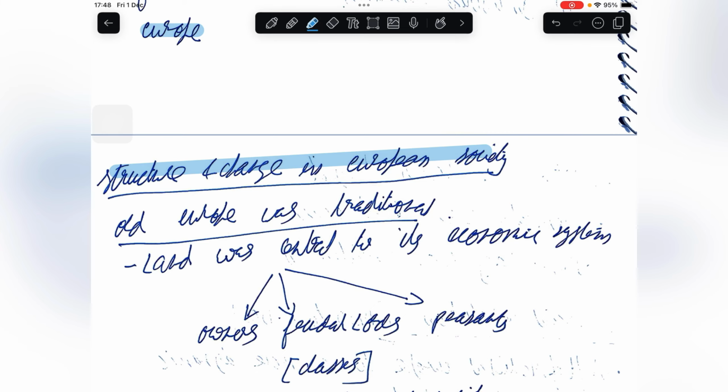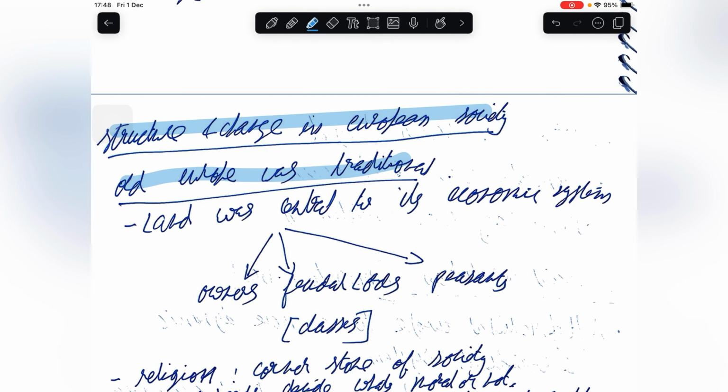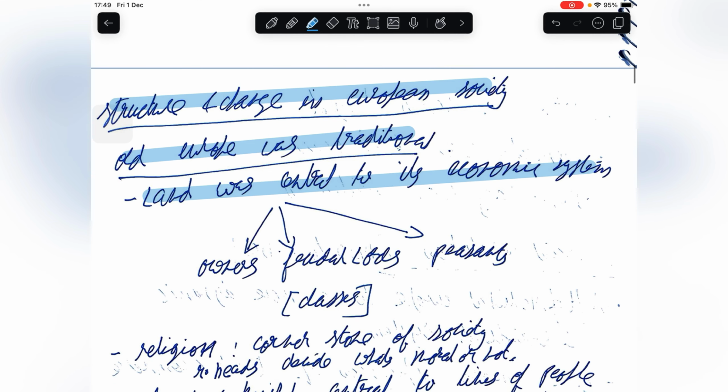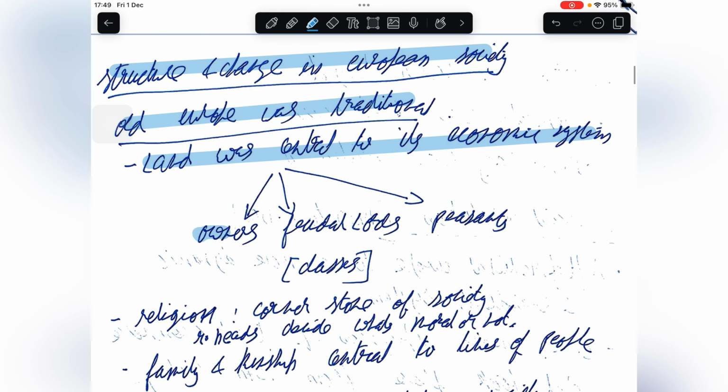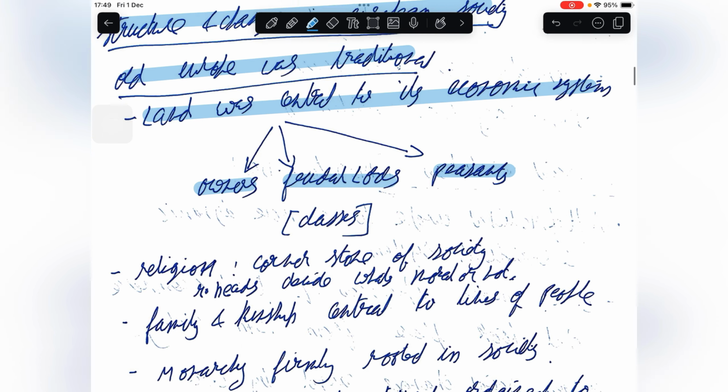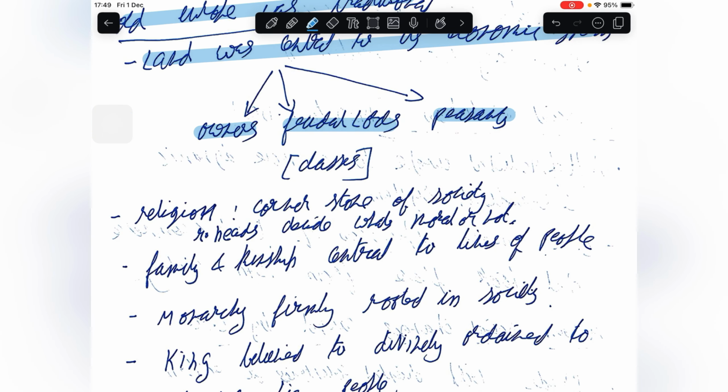Old Europe was traditional. So what's traditional? Land was central to its economic system. Land was very important, and there were three classes, namely owners, those who own the land, feudal lords, and peasants. Religion was the cornerstone of the society. Religious heads decided what's moral or not.